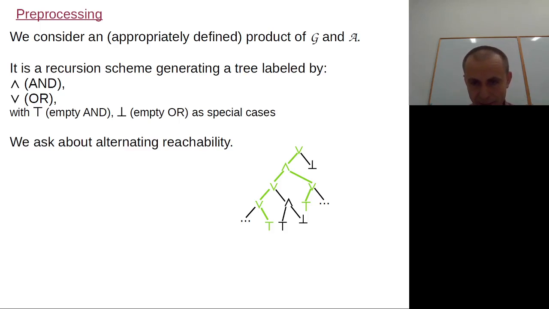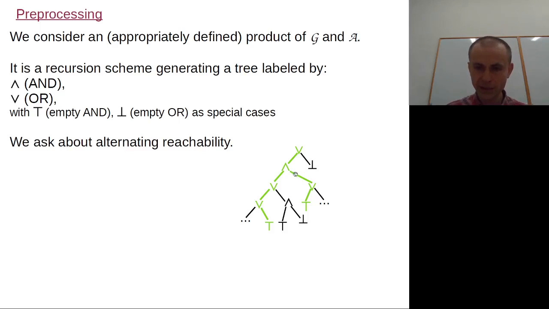This is a recursion scheme that generates a tree, which is essentially a tree of all runs of this automaton on the original tree. In this tree we have two kinds of nodes, OR nodes and AND nodes, and two kinds of leaves, bottom and top. They are like empty OR and empty AND.